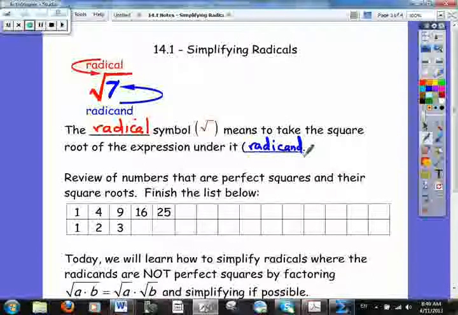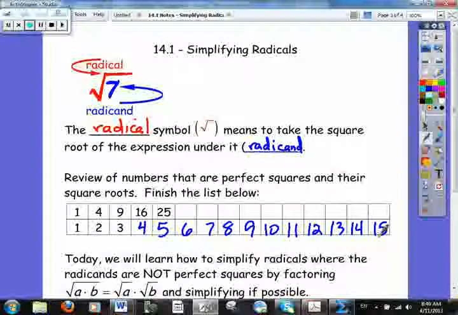The square root is 3 times 3, or 3. 16, 4. 25, the square root is 5. So we're going to go 6, 7, 8, 9, 10, 11, 12, 13, 14, and 15. Alright, so those are all the square roots.